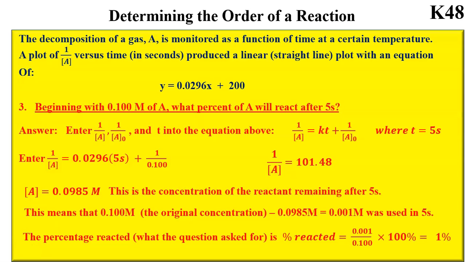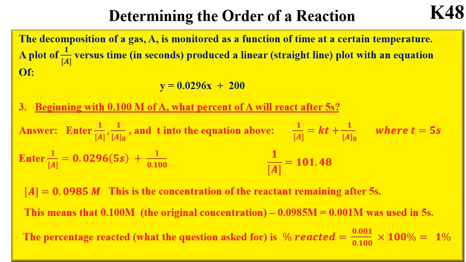You go ahead and just plug in the numbers and run them on the calculator, and you get 1 over the concentration of A equals 101.48. You then take the reciprocal of that and you get 0.0985 molar. So this is the concentration of the reactant remaining after 5 seconds. This means that 0.1 molar, the original concentration, minus 0.0985 will give you 0.001 molar was used in 5 seconds.